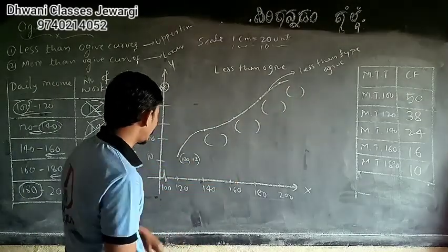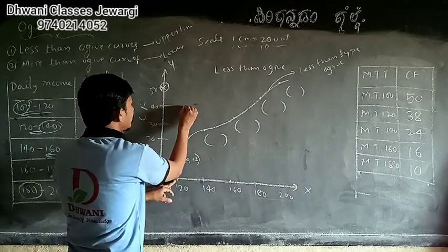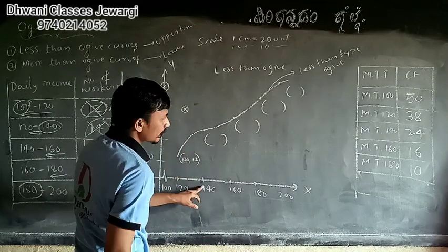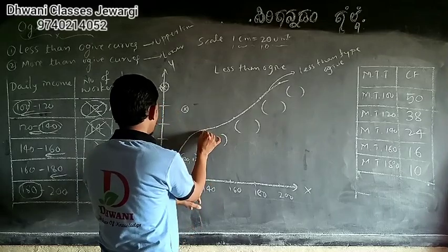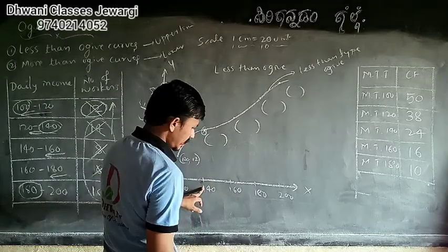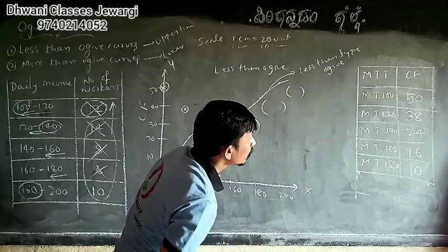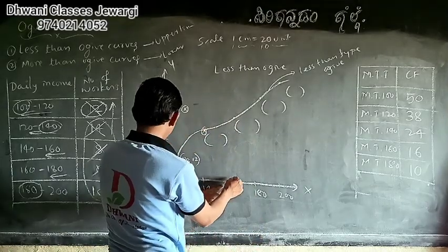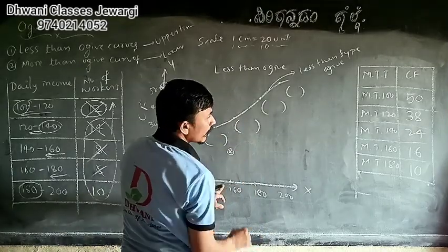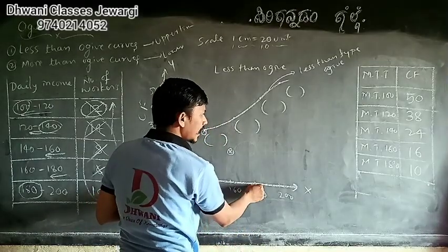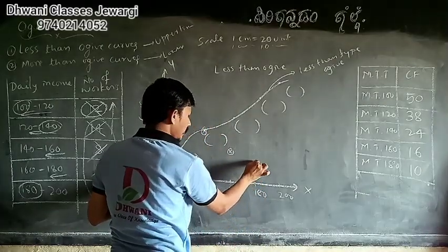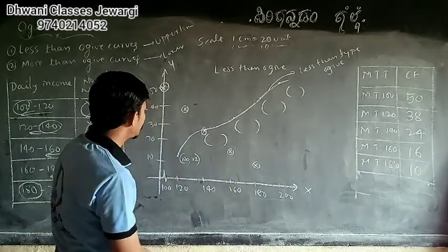For 120, 38 is the CF. For 140, 24 is the CF. For 160, 16 is the CF. For 180, 10 is the CF.